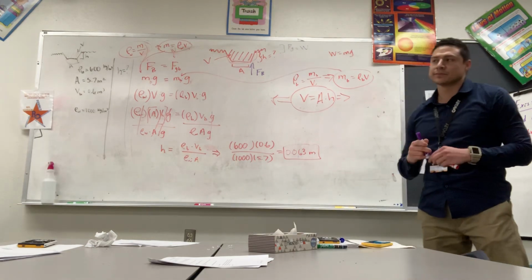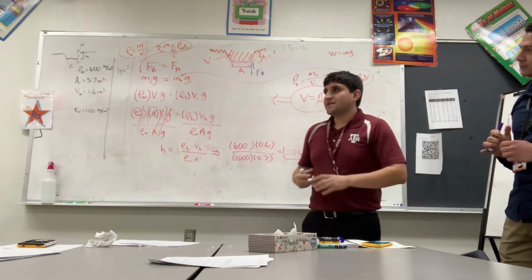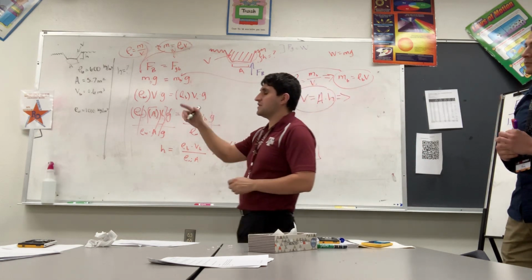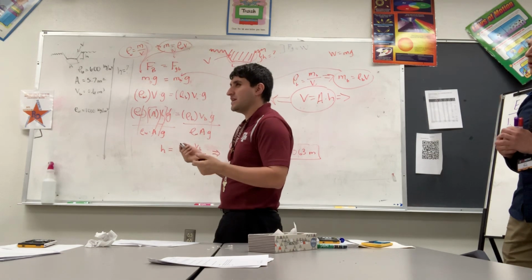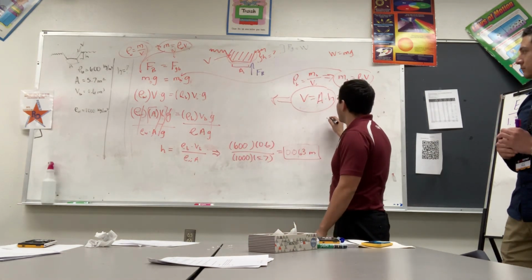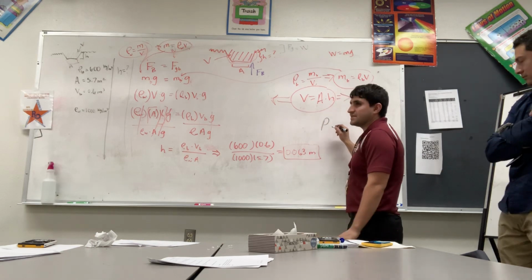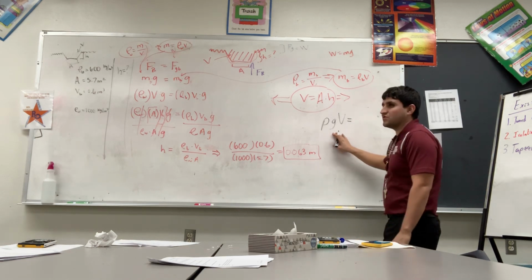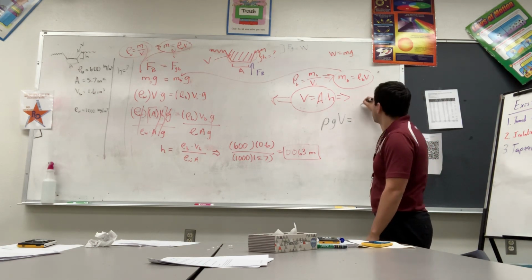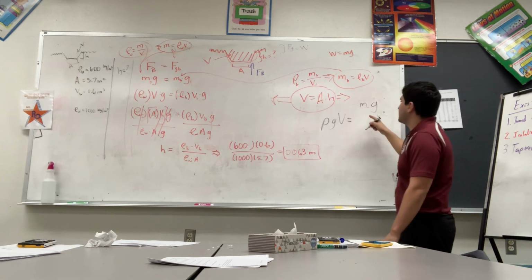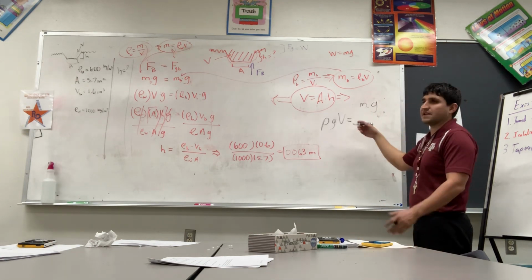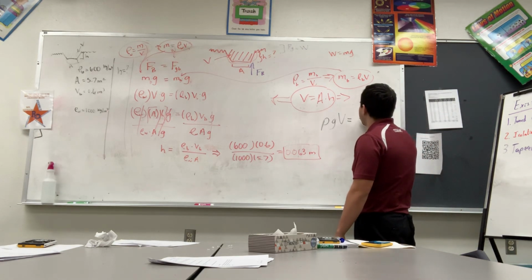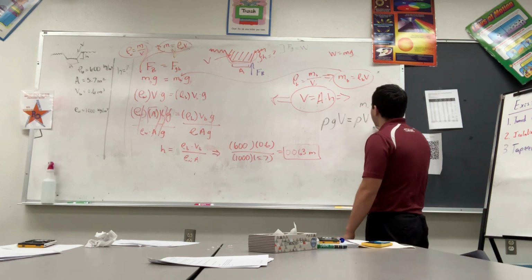Because initially what Frida wanted to do, Frida immediately wanted to set up buoyancy is equal to weight. And she knows that buoyancy is density, gravity, volume. So buoyancy equals the weight, which is mg. And we know that m, like we established earlier in the review, m was density times volume and gravity.